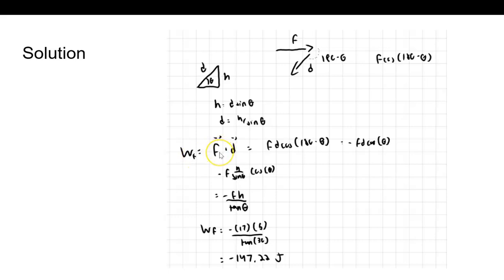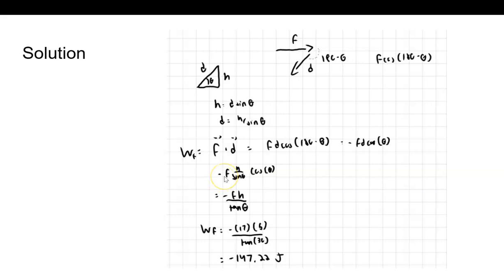Work is equal to the dot product of force times distance. In this case, it's going to be force times cosine of 180 minus theta times the distance. Cosine of 180 minus theta is equal to negative cosine theta, because cosine 180 is negative 1.